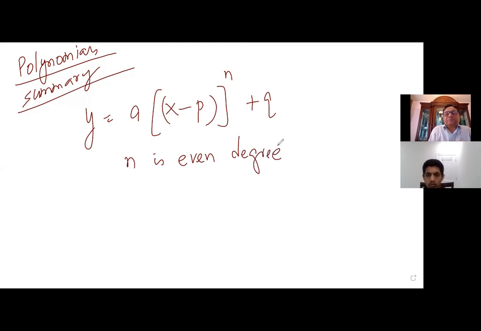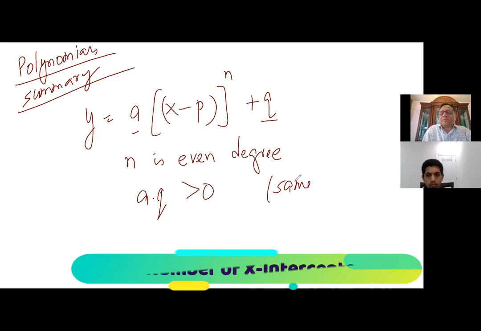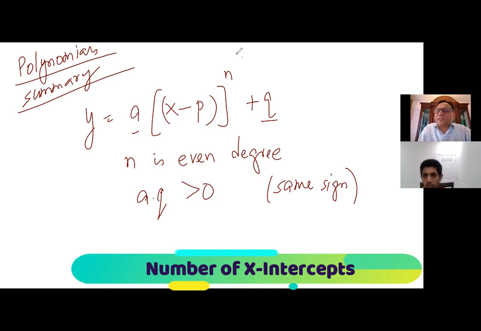In that case, if the product of a and q is greater than 0, that means they are the same sign, right? In that case, how many zeros will you have? Tell me. How many x-intercepts? No x-intercept. Right. Because both are positive, right? So it is like the axis is like this and the graph is kind of like this.